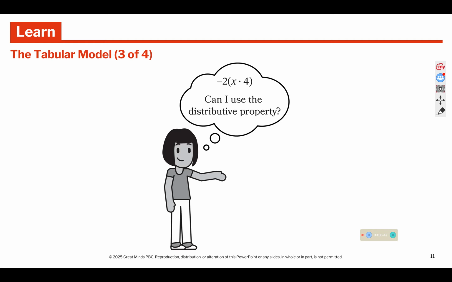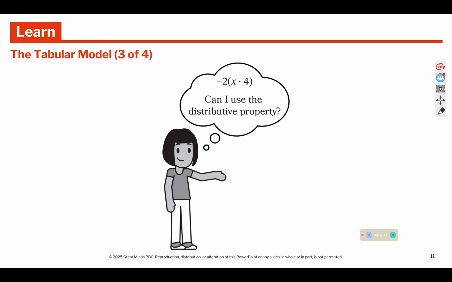Can I use the distributive property? In the problems we had been working with, we used addition or subtraction within our parentheses. Do you think it's possible to use the distributive property when there's multiplication inside of the parentheses?